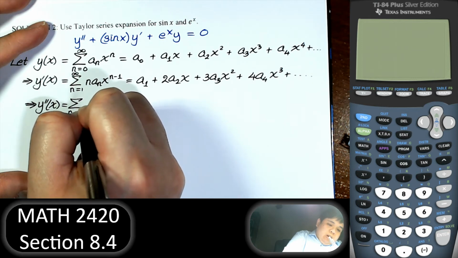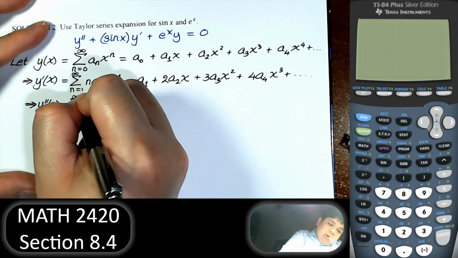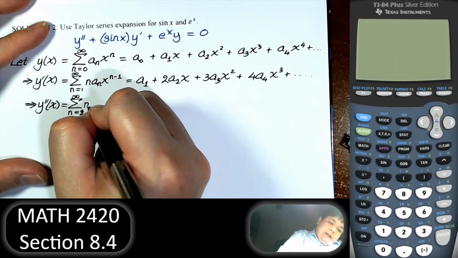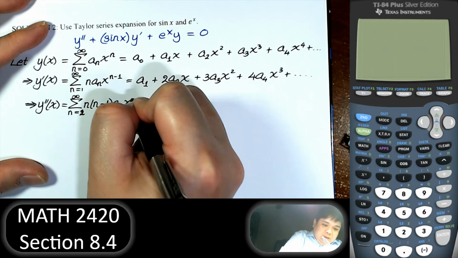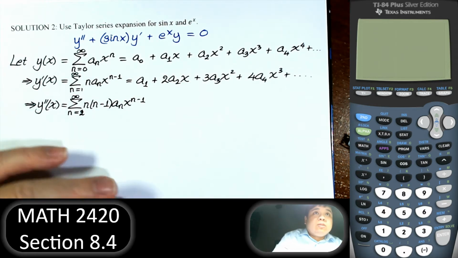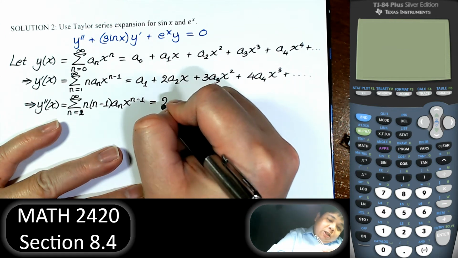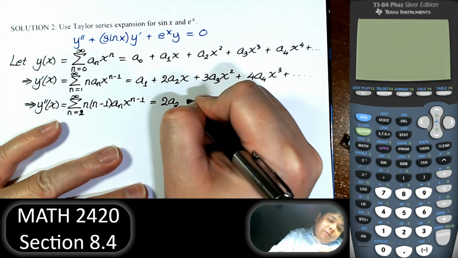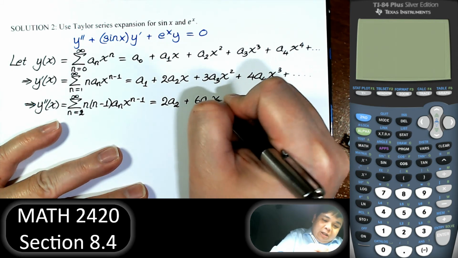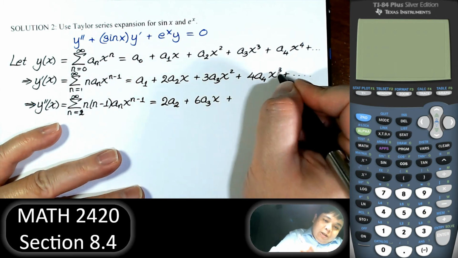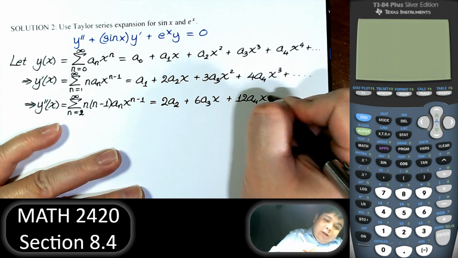n equal to 2 to infinity, n times n minus 1 a sub n x to the n minus 2. Or we just take the derivative of this: 2a2 plus 6a3x plus 12a4x squared.